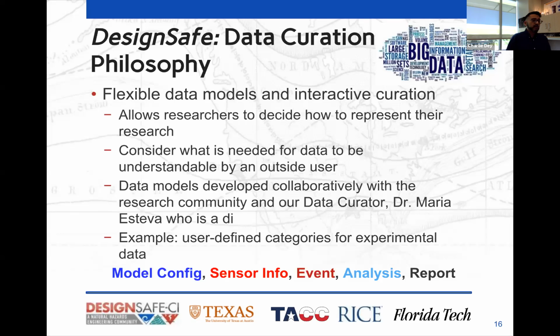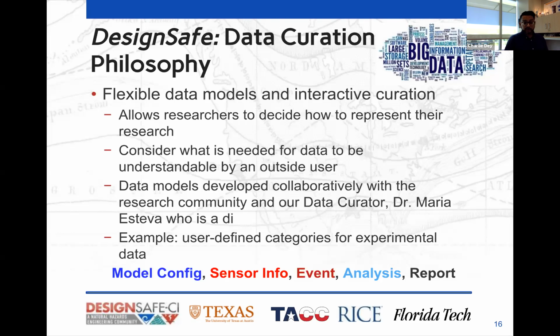So there's a couple things involved. Researchers have to decide how to represent their data. There's some consideration needed on how it is going to be understood by an outside user. We have to understand what this data model is going to look like, all right? So we have a data curator on site, Dr. Maria Estevan.